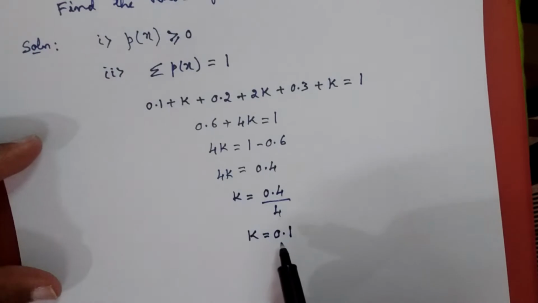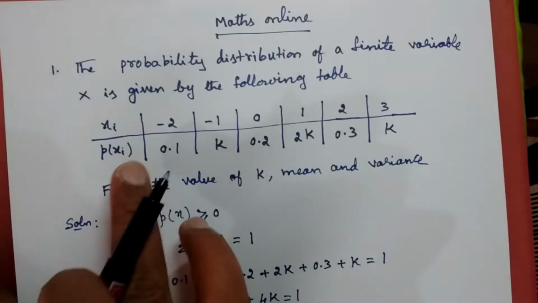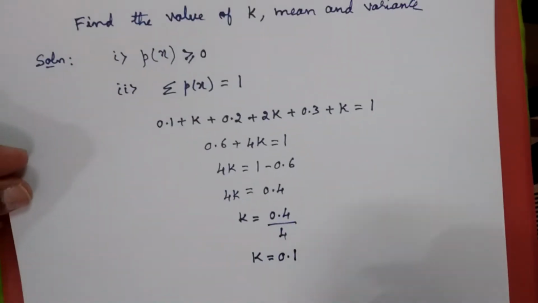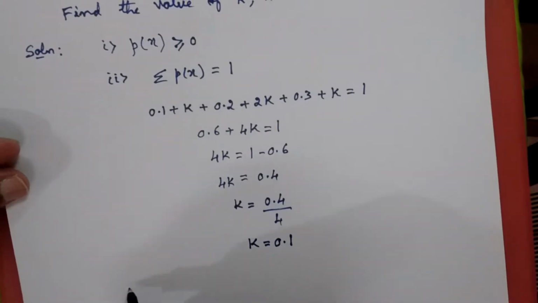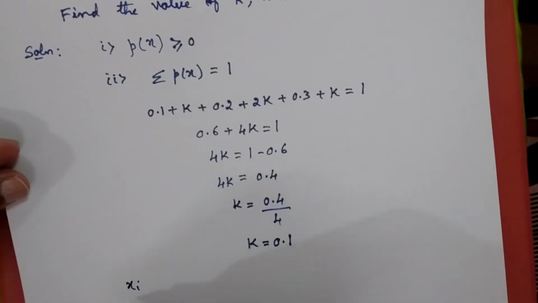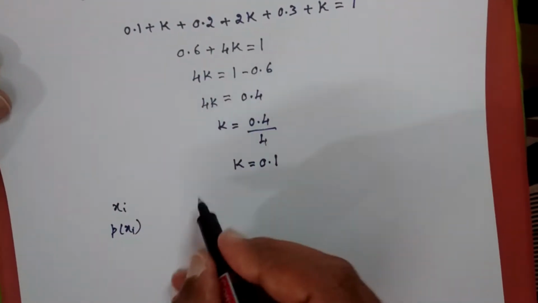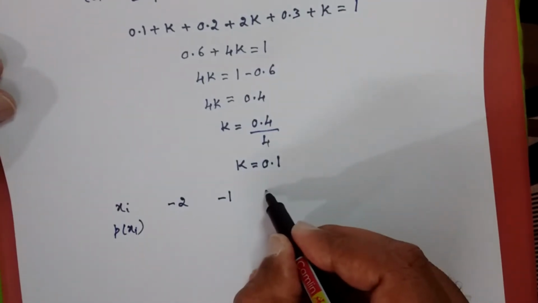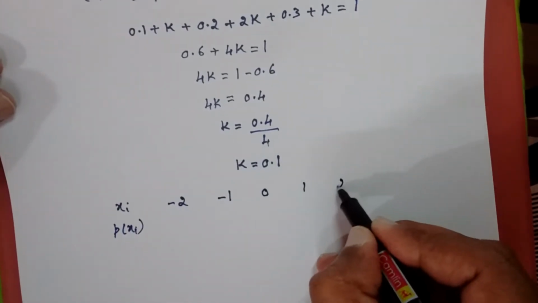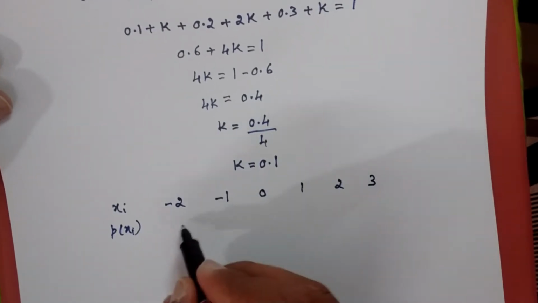Now if you plug this value of k back into the table, you can rewrite the table as xi and p of xi. The values of x are minus 2, minus 1, 0, 1, 2 and 3.